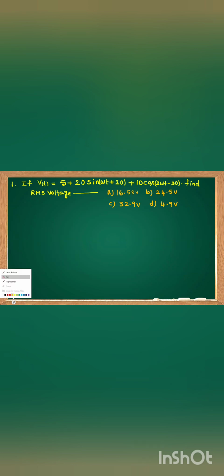Yes, friends, what is the answer for this? For this type of representation, the RMS value is already given, so you have to find VRMS. First we check the frequencies.